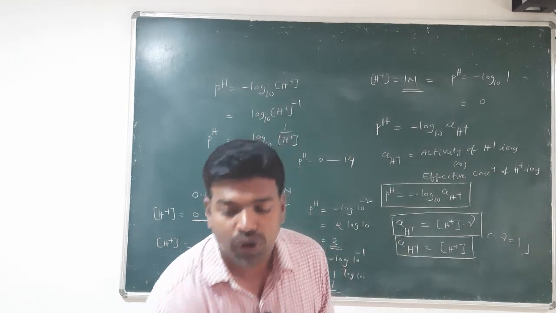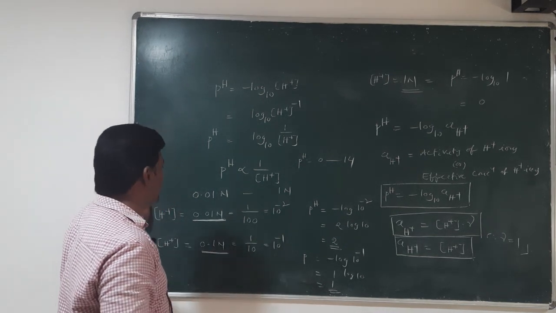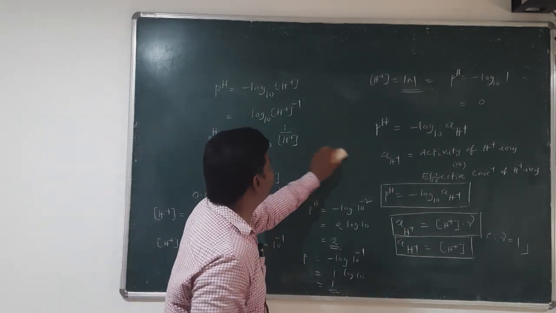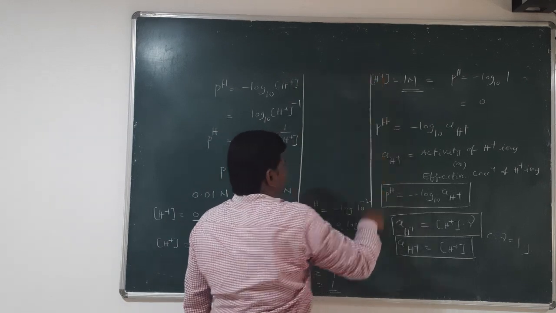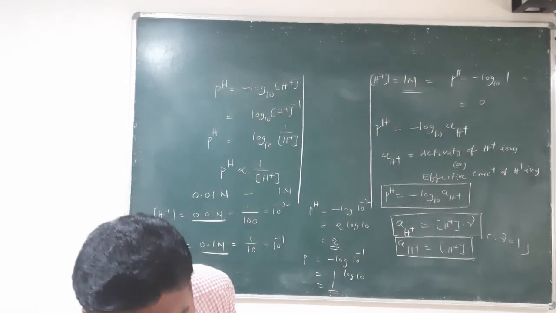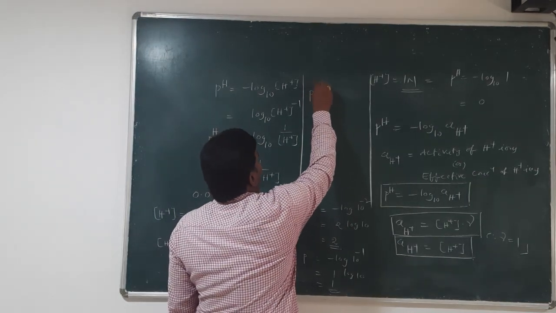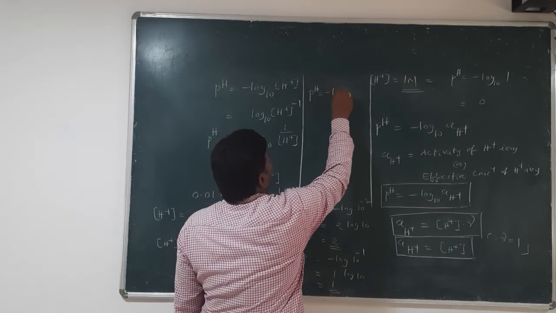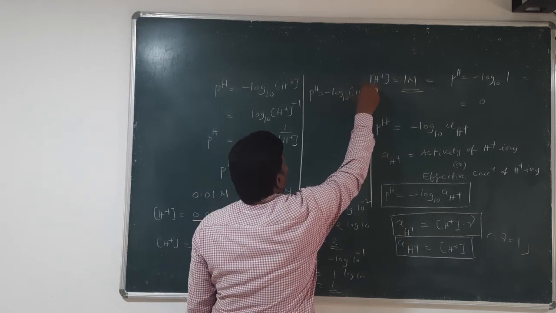Therefore, we can conclude that pH is negative logarithm to the base 10 of the concentration of H plus ions.